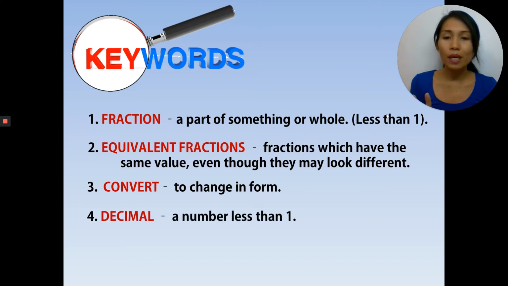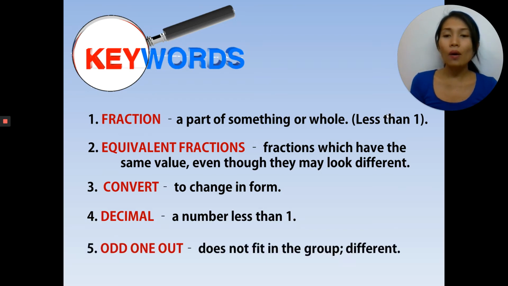Decimal means a number less than 1. It's the same with fraction, right? They are less than 1. That is why fraction and decimal are convertible, vice versa, because they are almost the same. But the fraction has a numerator and denominator, while the decimal has a point.